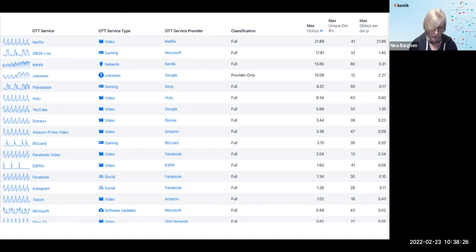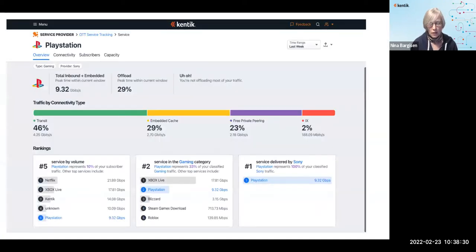So once we have identified those, then we can have a look at how they are actually served. Because the over-the-top services can be using many different sources of the traffic, and the flow analytics will help us determine where they come from.